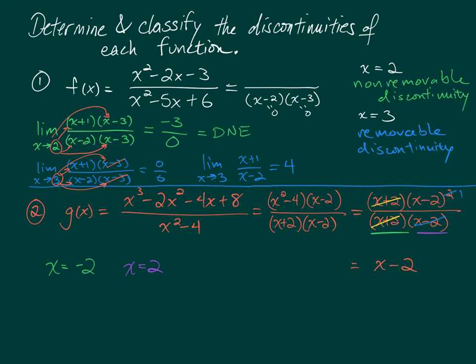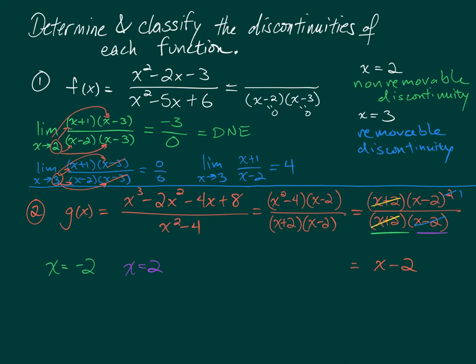Any factor that disappears from the bottom corresponds to a removable discontinuity. The factor x plus 2 corresponds with the x equals negative 2 discontinuity.